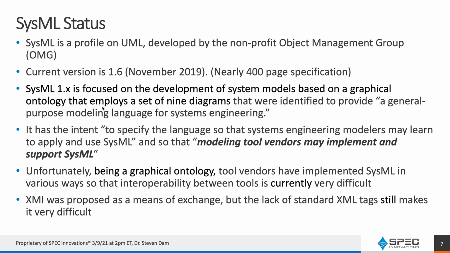Now, XMI was supposed to help fix this problem. This is again an extensible markup interface language. It's an XML-based approach, and that would have been great as a means of exchange. But since they didn't standardize the XML tags, guess what? Every vendor implemented it differently. So now you've got the Tower of Babel problem.